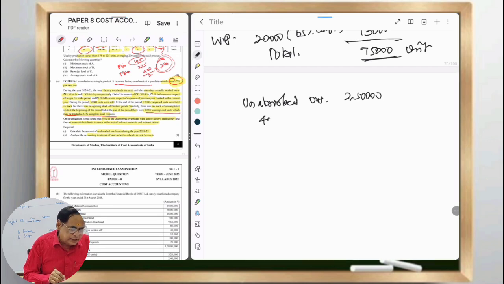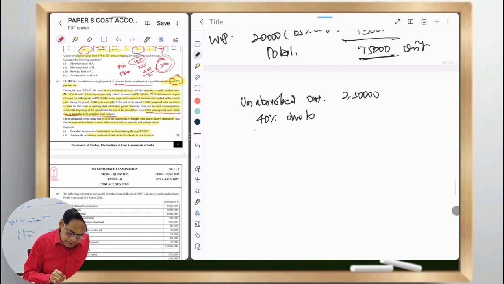So 40% due to factory inefficiency. How much? 2,50,000 total unabsorbed overheads into 40%, that is 1 lakh. So it represents 1 lakh rupees.